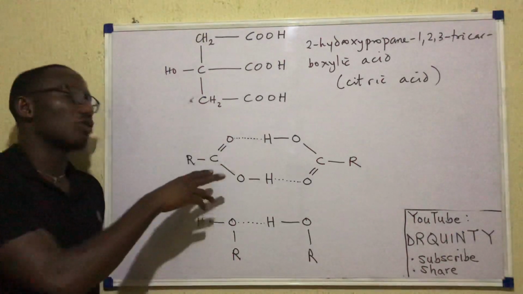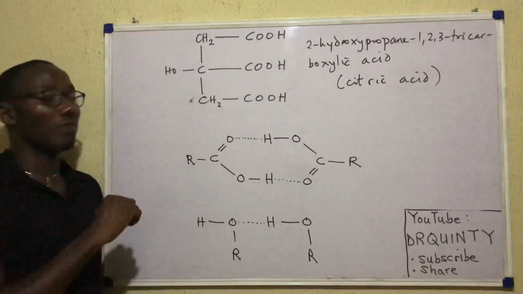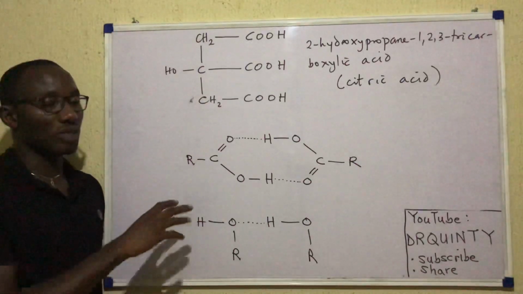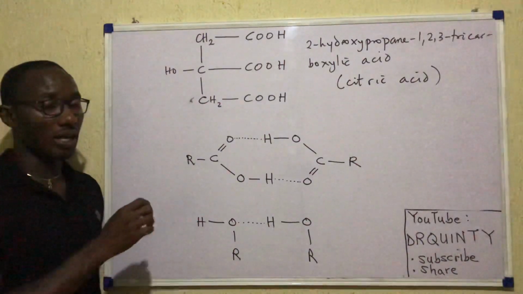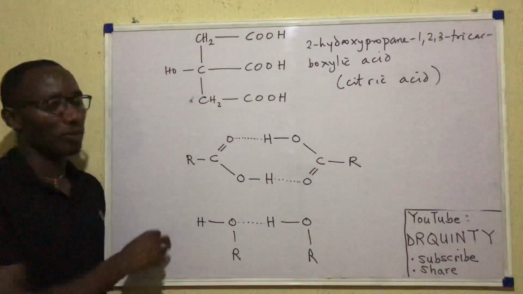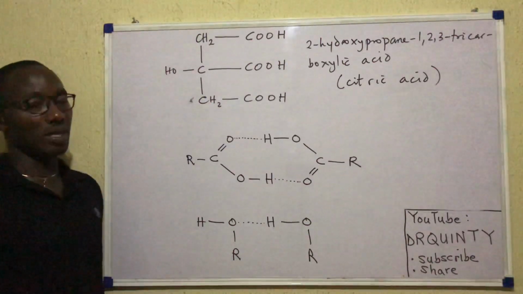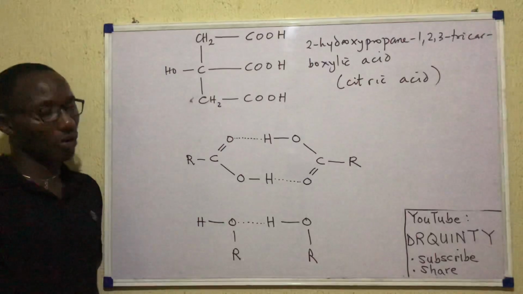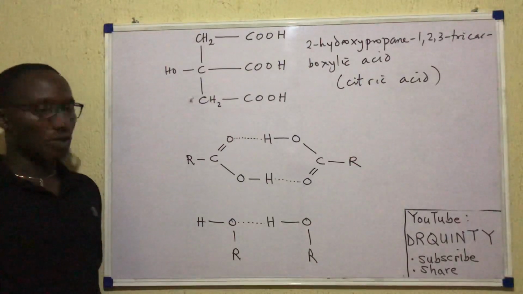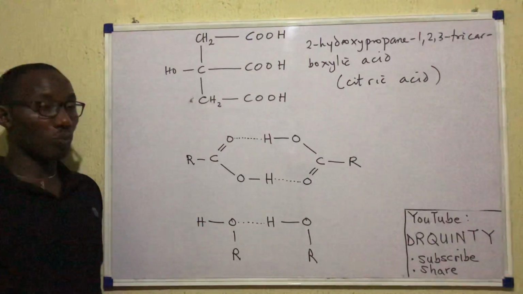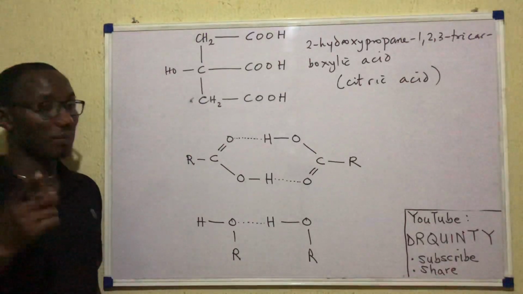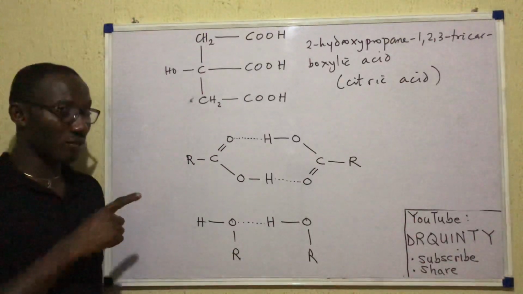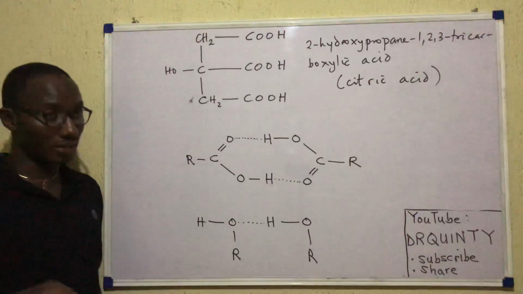They have two hydrogen bonds between two molecules of alkanoic acid. So those things will increase the boiling and melting points of the alkanoic acids relative to the alkanols that are corresponding to them. So they show dimerisation, which leads to high boiling points and melting points. That's another characteristic of the alkanoic acids.